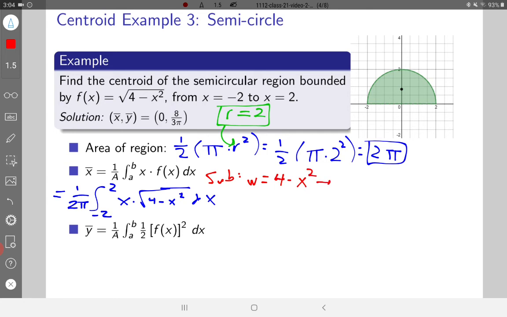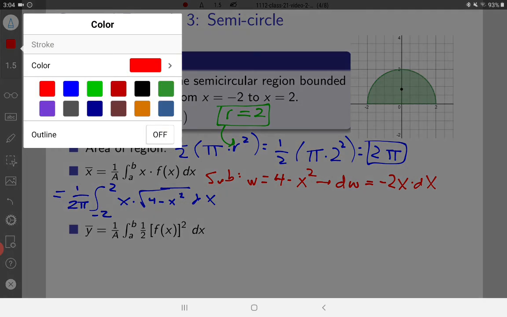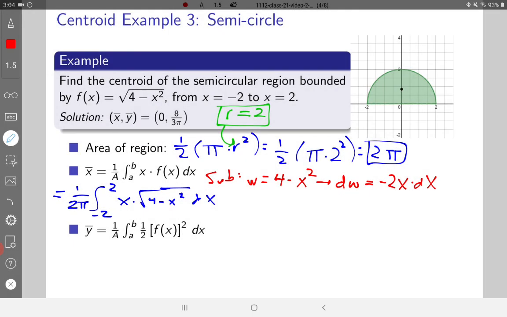The reason for doing that is its derivative is -2x, and that's not exactly what I see. Notice here I have in the integrand an x dx, and I do have that appearing here as part of my dw term.